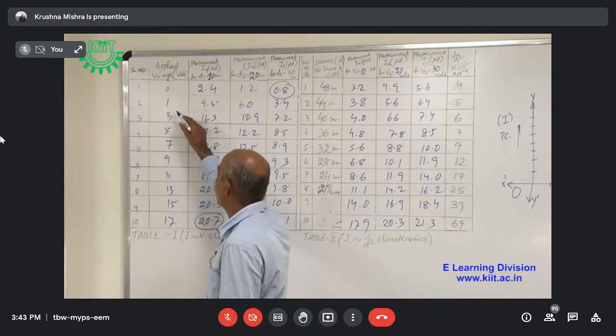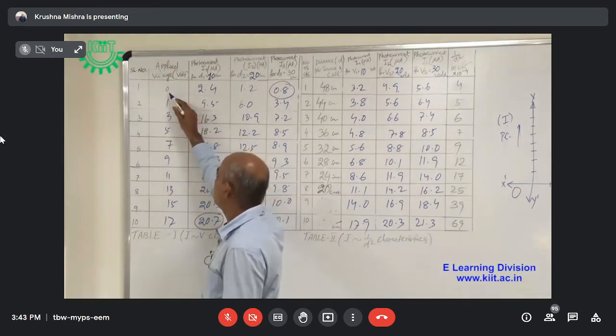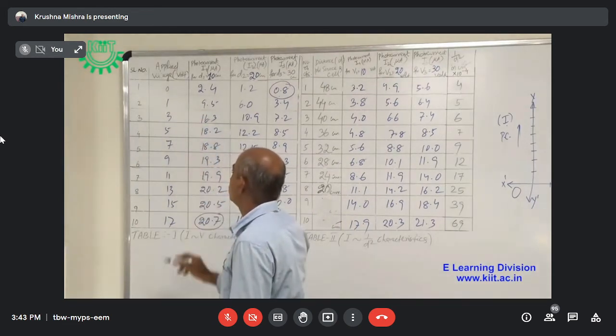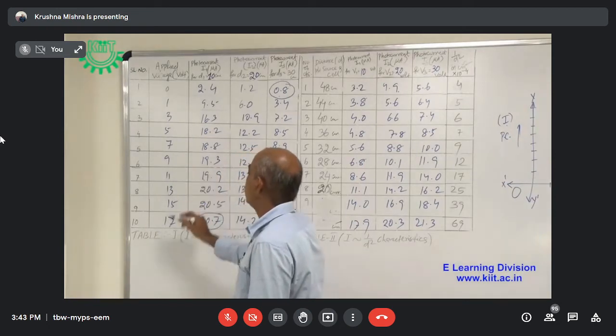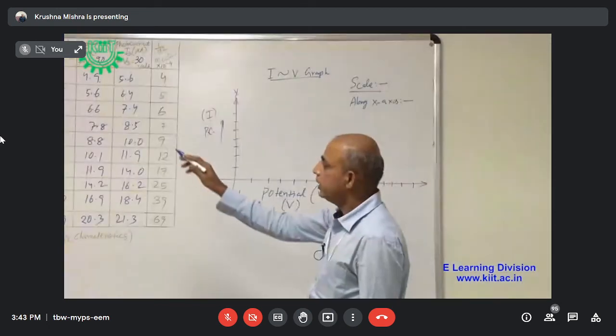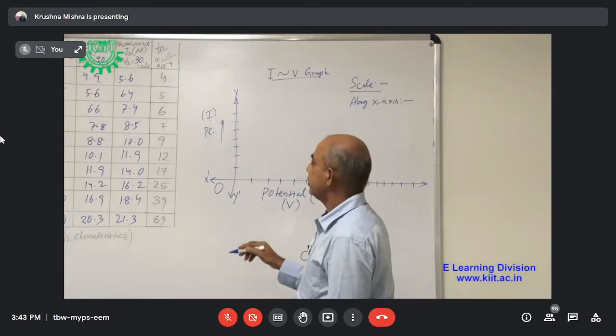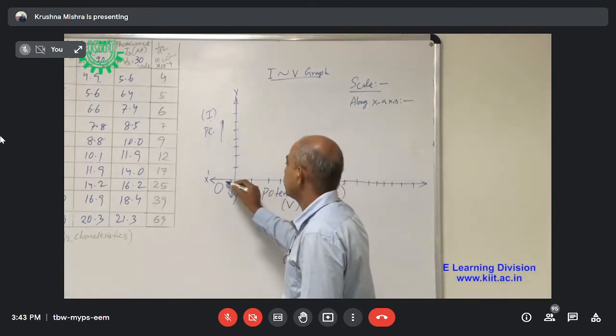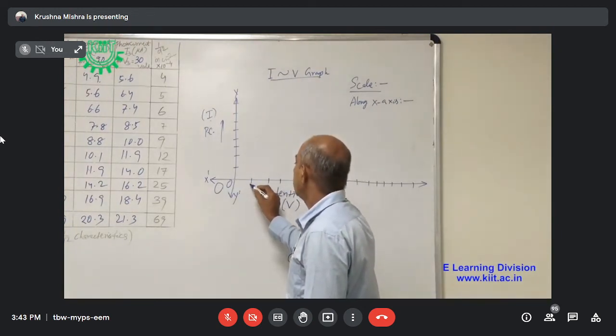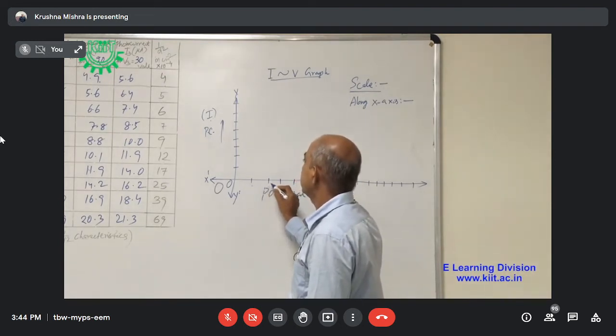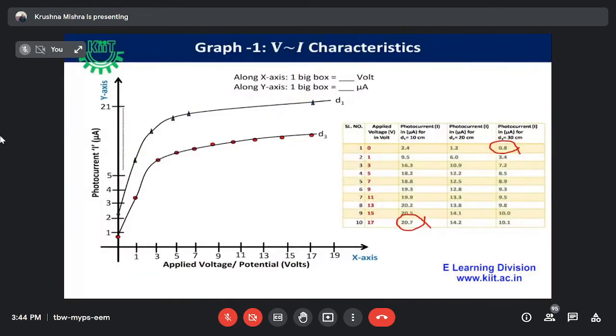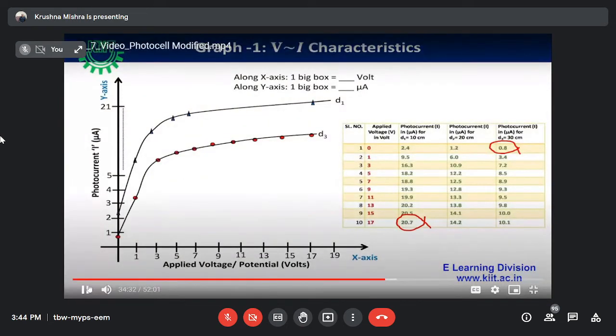It is not very difficult because it is in steps of 2 volt, so you can easily take it along the x-axis. There are 10 observations starting with 0. So if I take 1, then it will be 3, 5, 7, 9, and here it will stop. With proper units we have to do it clearly.